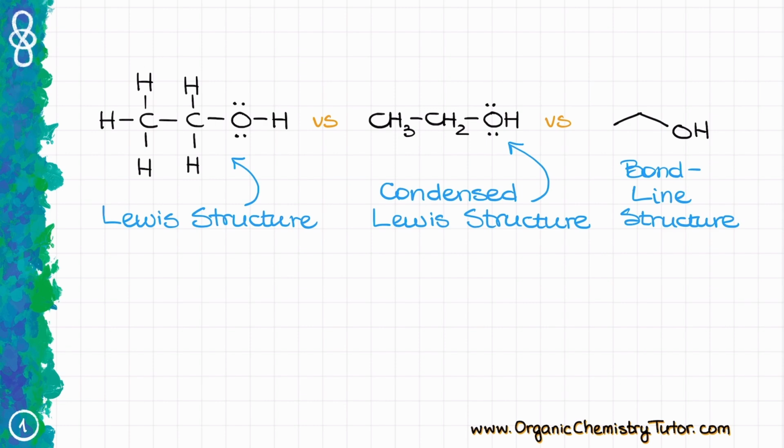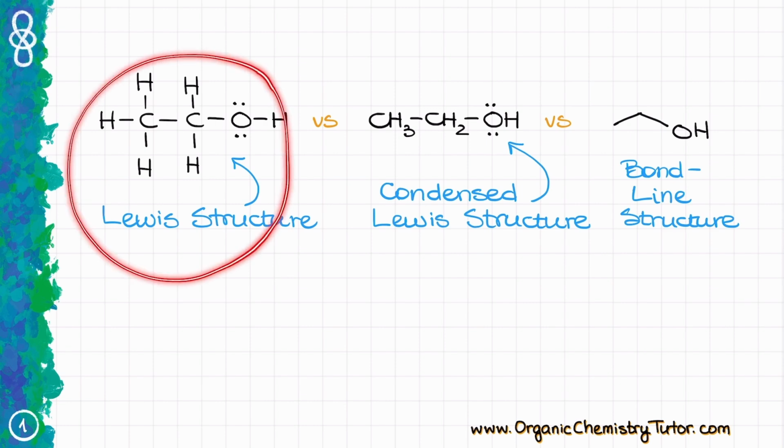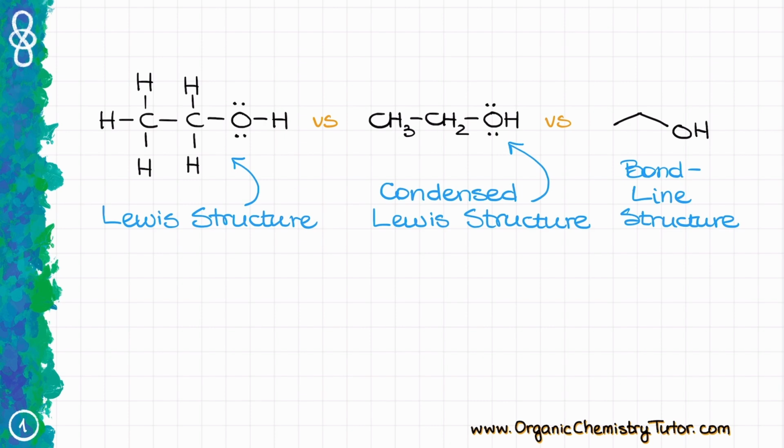So let's check out these three structures that I have here on the screen. The one on the left, we call a full Lewis structure. The one in the middle is a condensed Lewis structure because it does not show every single bond, but it still shows pretty much all the atoms. However, the last one is my bond line structure.